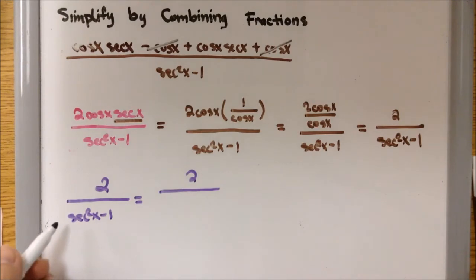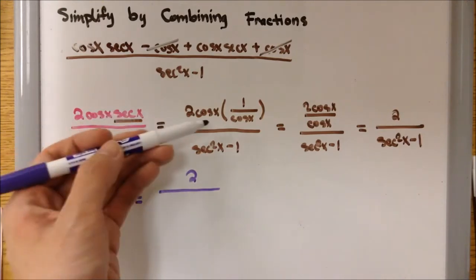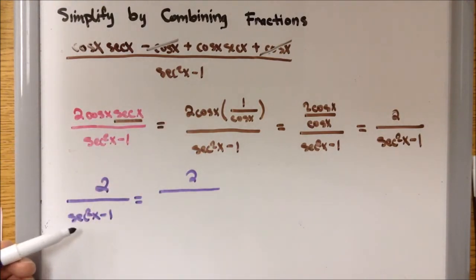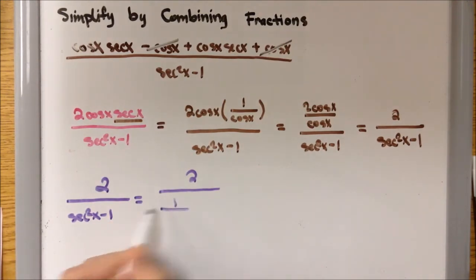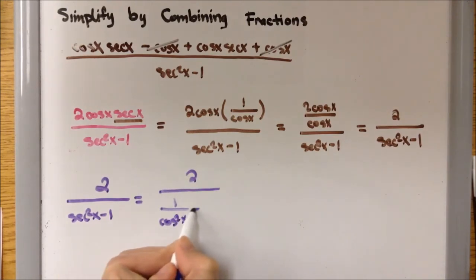Alright, secant square x, we're going to rewrite in terms of sine and cosine. Same thing as before, we're going to rewrite it using the reciprocal identity. So we're going to write 1 over cosine square x minus 1.